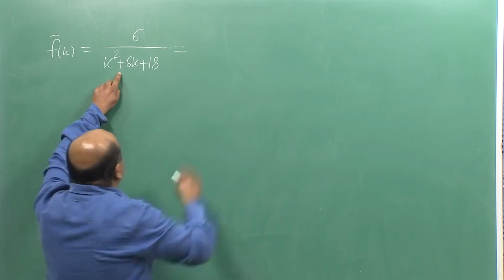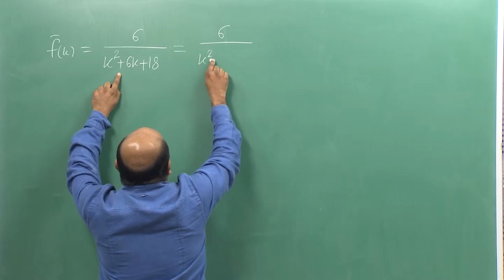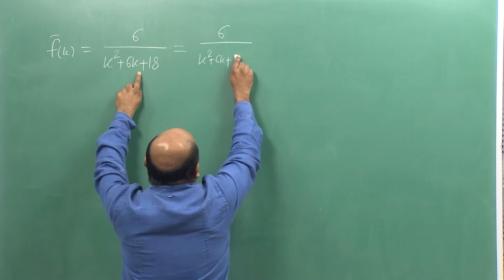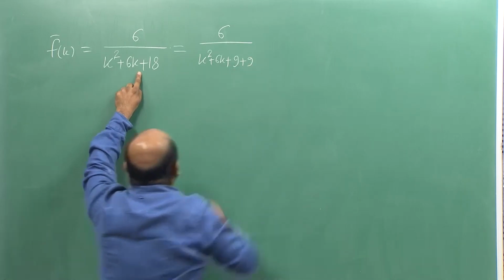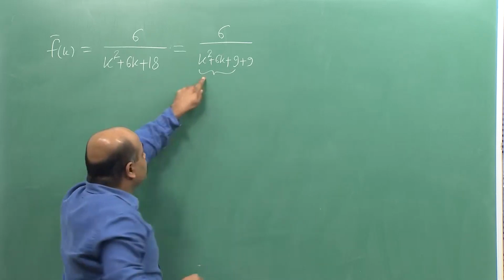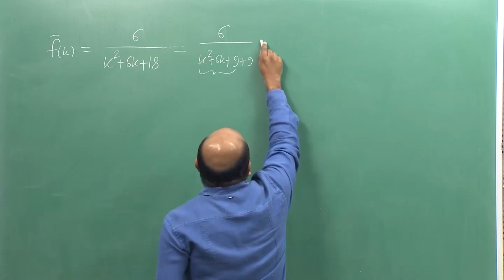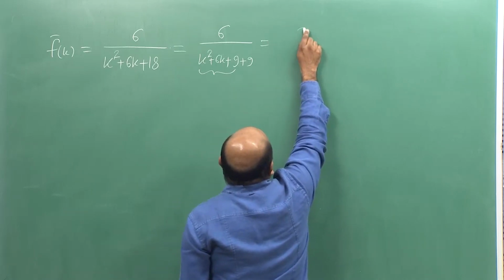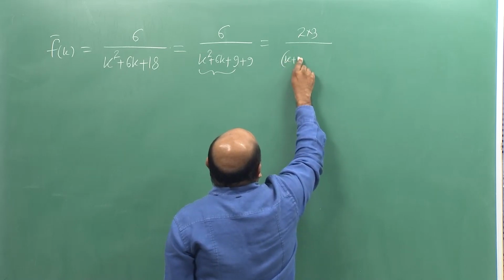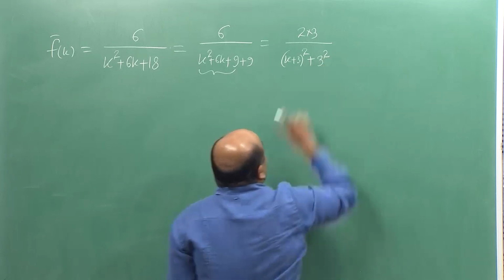So, this we can write as k square plus 6k plus 9, and this is nothing but (k plus 3) square. And 6 can be written as 2 times 3, (k plus 3) square, and 9 is 3 square.